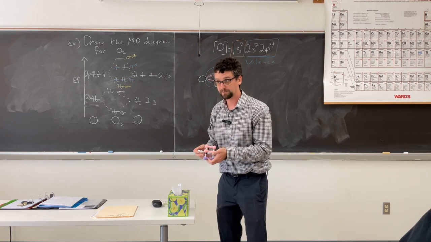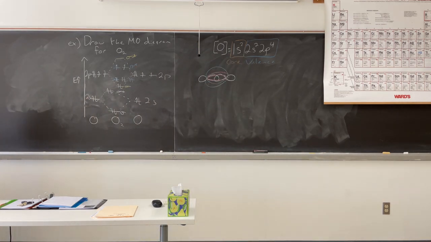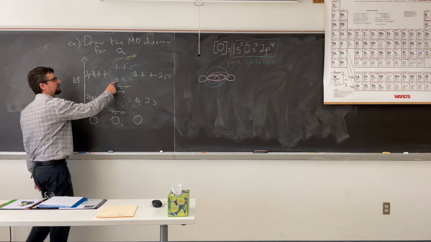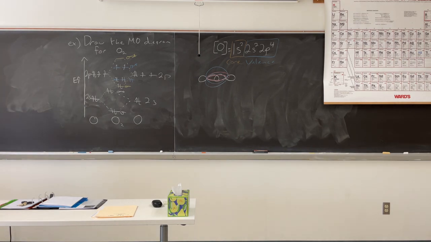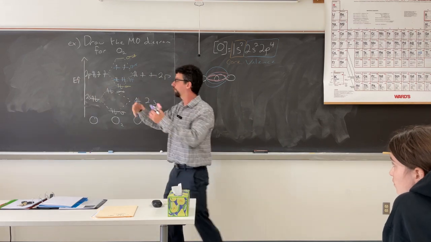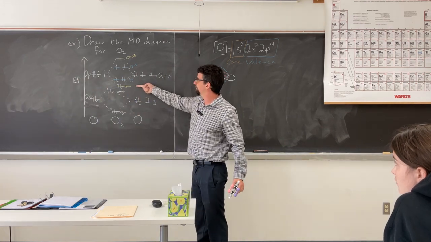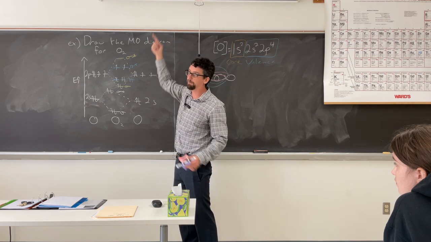Does that make sense? So why is it that the pis have to be equal and the sigmas don't? They're bound by symmetry. The other thing is the quality of overlap. The sigma bonds have a higher quality of overlap, meaning there's more overlap between them. That drives the bonding combination down in energy and the anti-bonding combination up in energy.